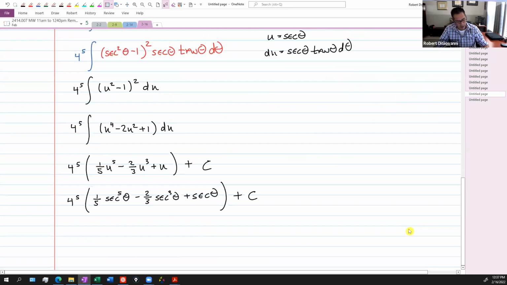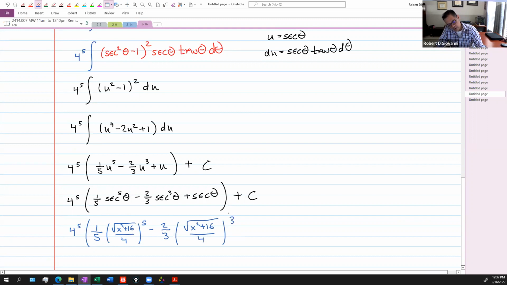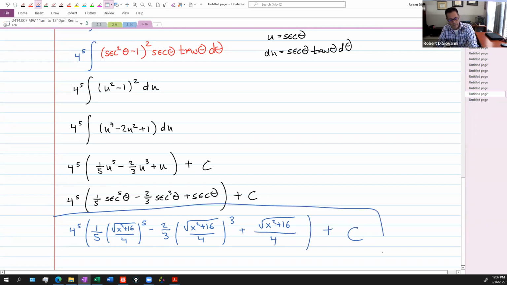It's ugly: 4 to the 5th times 1/5, and then the square root of x squared plus 16 over 4, all of that to the 5th, minus 2/3 times the square root of x squared plus 16, all over 4 to the 3rd, plus the square root of x squared plus 16 over 4, plus c. There we go.